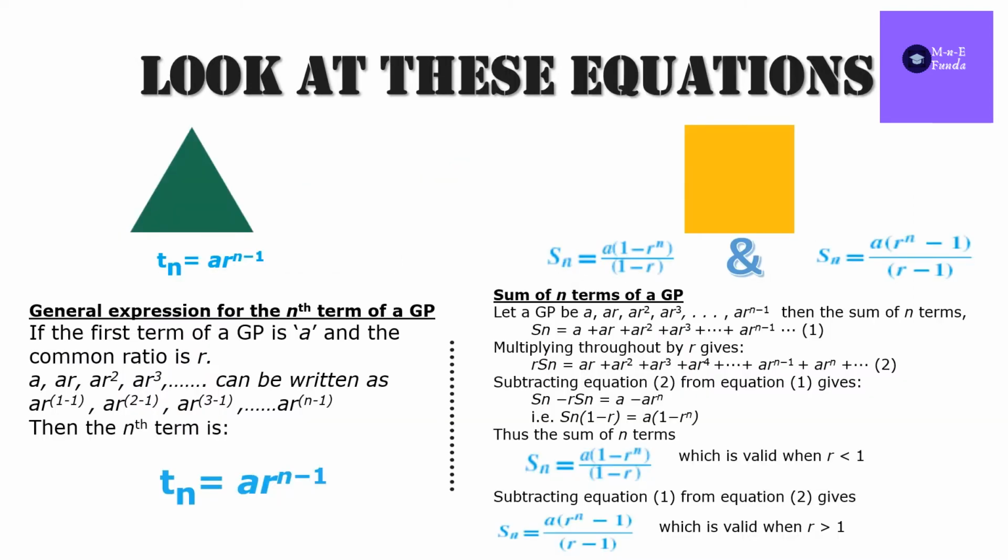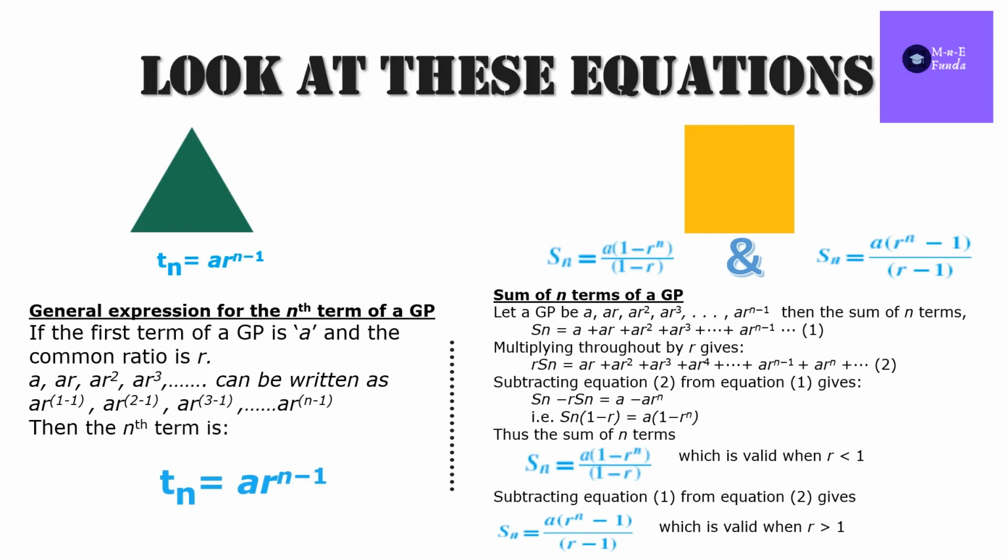Now it is time to find the general expression for the nth term of the GP. If the first term of the GP is A and the common ratio is R, the series will be A, AR, AR square, AR cube, like this.